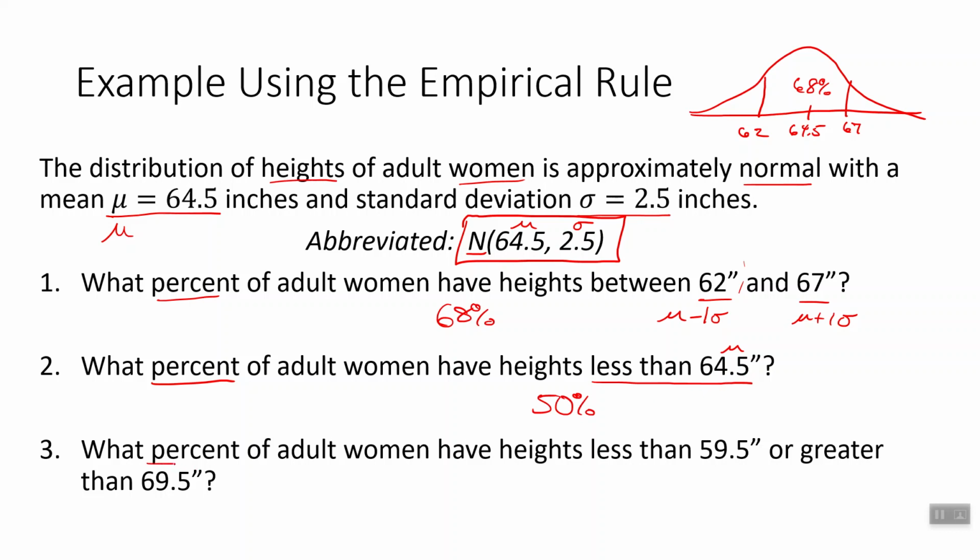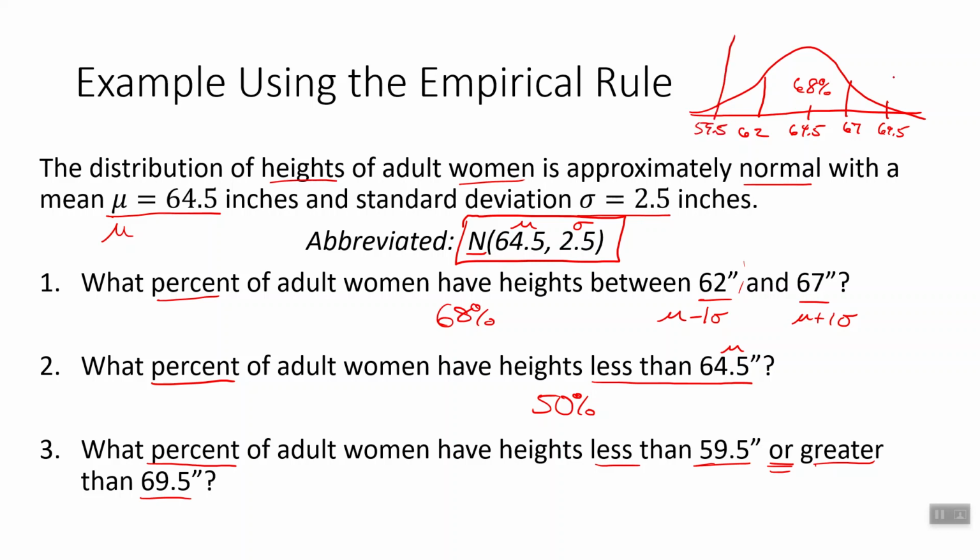And the last one here: what percent of adult women have heights less than 59.5 or greater than 69.5? So let's add another standard deviation here. If we add another 2.5, that's 69.5. If we subtract another 2.5, that's 59.5.